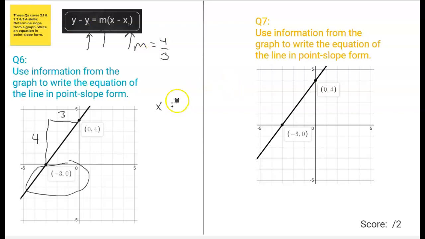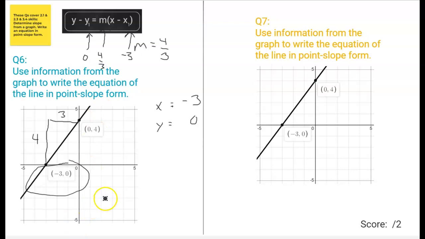What am I saying? It's Monday. My x is going to be -3, and my y is going to be 0. So now I have enough information because I'm going to plug in a 0 for y sub 1, a -3 for x sub 1, and a 4/3 for my slope.